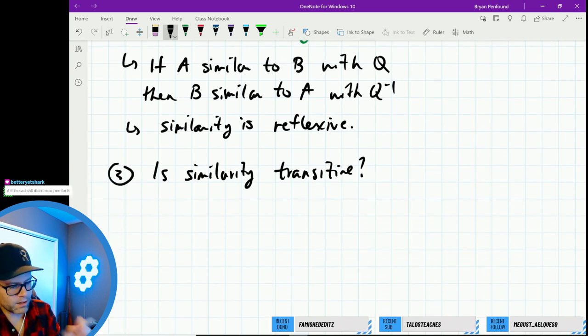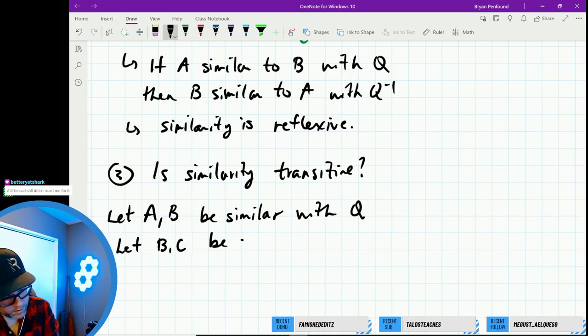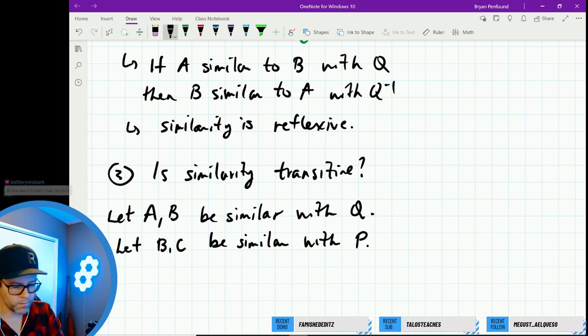Transitivity says that we need A and B to be similar. Let's take matrix Q, and let's also have B and C be similar, and let's take matrix P to be the invertible matrix.